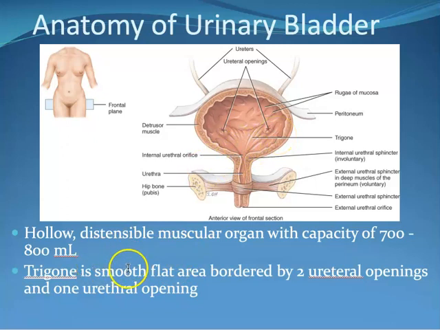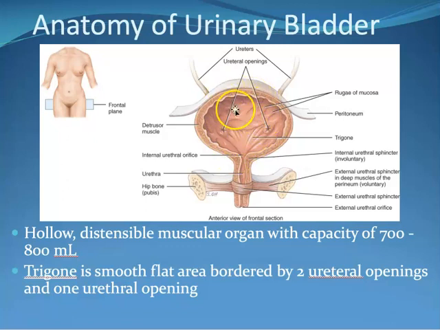As described here, it's a smooth, flat area that's bordered by the openings of the ureters, as well as the opening of the urethra. So it's visually different from the rest of the inner lining of the bladder. It looks like it has a triangular shape.